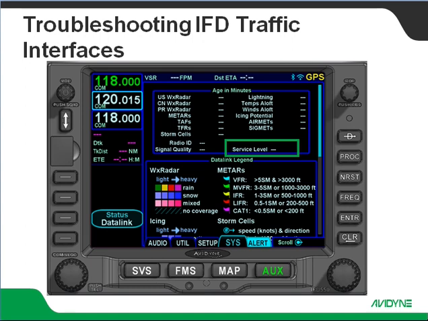Again, not real useful in troubleshooting an ARINC 429 connection, but if you're sharing the same data stream for traffic and weather, and you've got weather data here, then there's no good reason you shouldn't also have traffic unless you're missing some other component or some piece to that. And we'll get into some of those things as well.